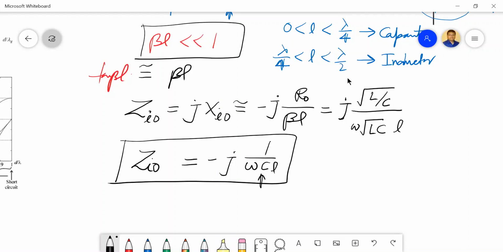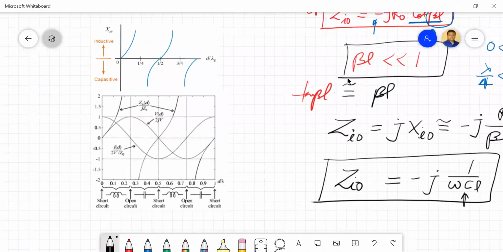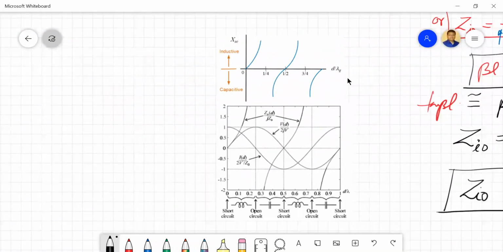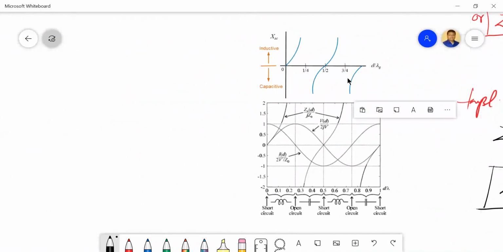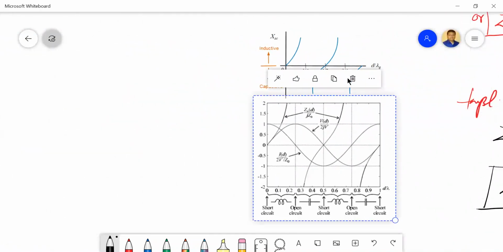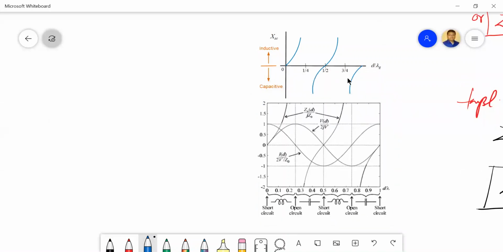So from these things it is clear mathematically that what we are claiming above on the basis of the electrical length is correct, and this will offer the capacitance. In a similar way, one can do it for the inductance. So what you need to do for that is perform the short circuit termination.